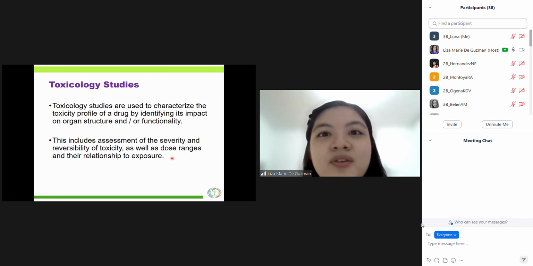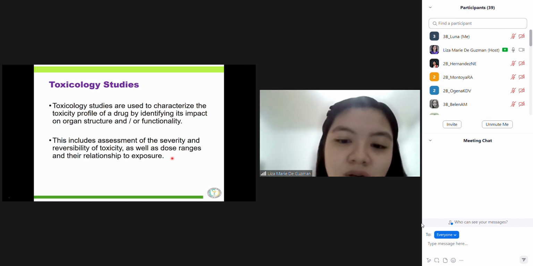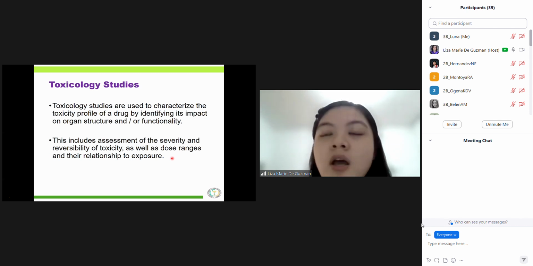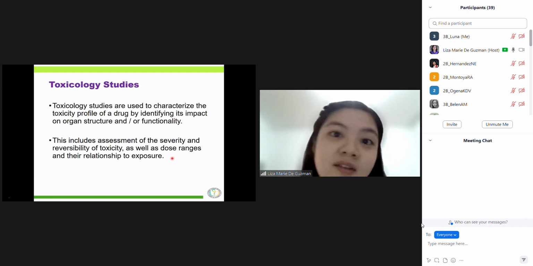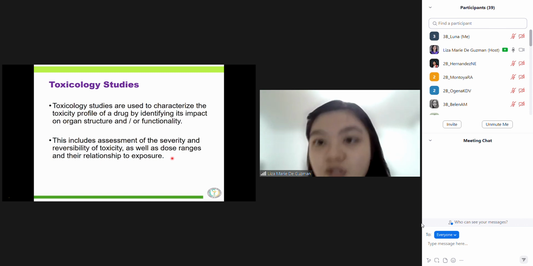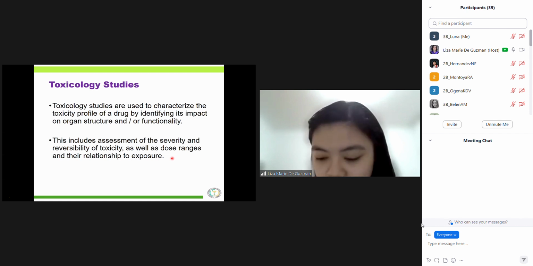Those are examples of antifungals that can only be administered topically but not systemically, for the reason that, according to their study, systemic administration of those antifungal agents can cause toxicity. That's why in a toxicology study, we also want to know at which route of exposure the drug can be administered without any significant adverse effect. That's why we have to determine the route of exposure.